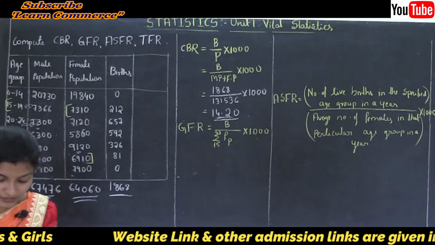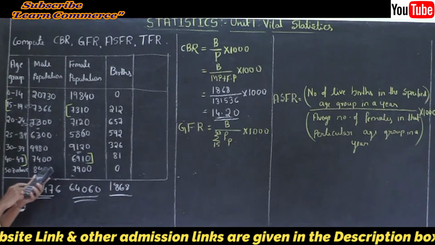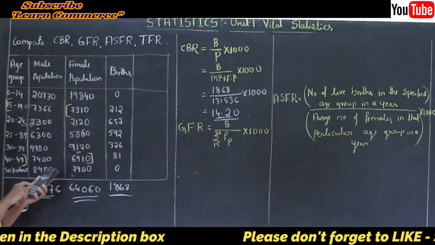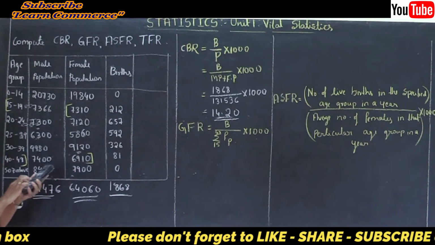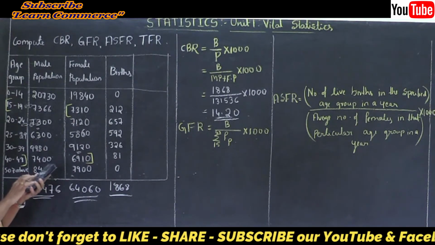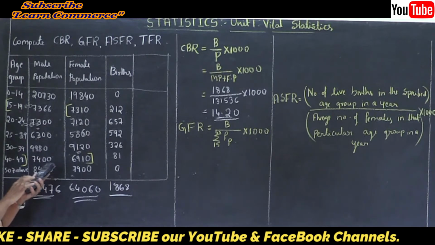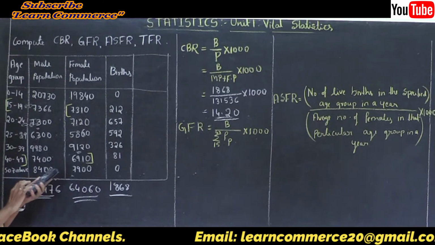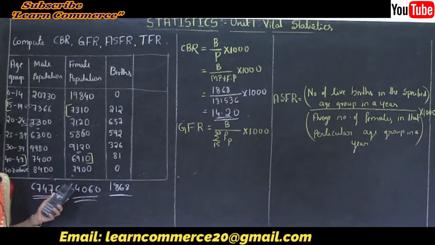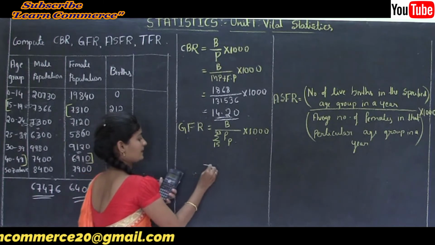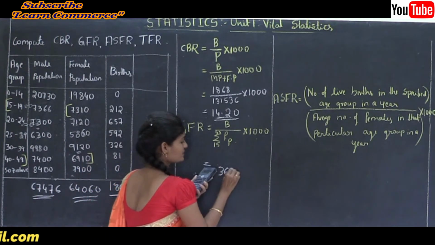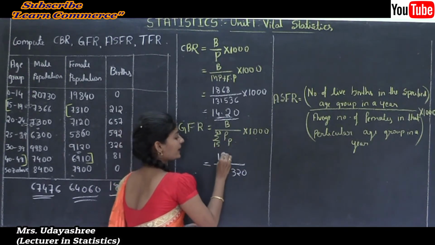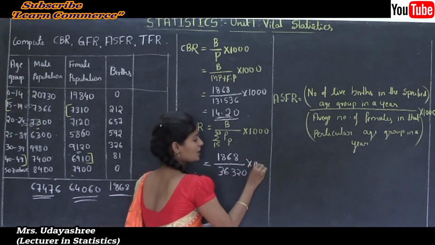The sum of that female population is 7,310 plus 7,120 plus 5,860 plus 9,120 plus 6,910, which is 36,320, and the births are 1,868, into 1000.